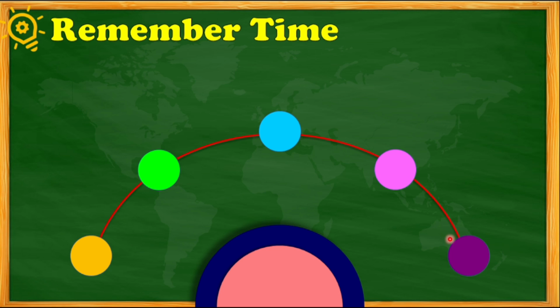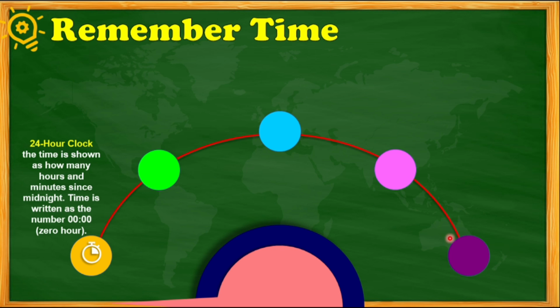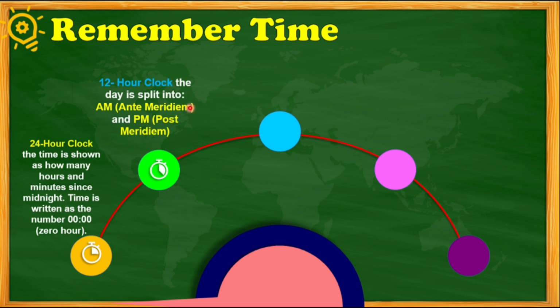So remember, the 12 hours clock is the time that's shown as how many hours and minutes since midnight. Time is written as number 0 hours. Then in the 12 hours clock, the day is split into AM, ante-meridian, and PM, post-meridian.